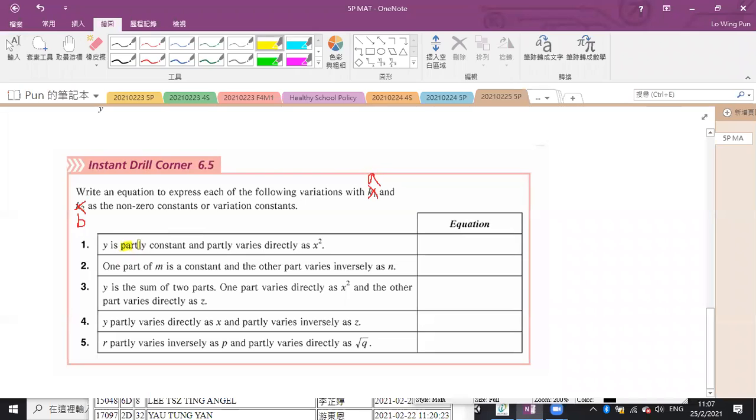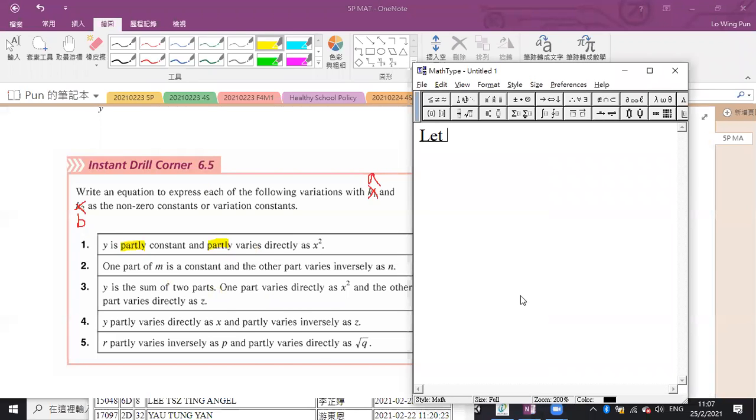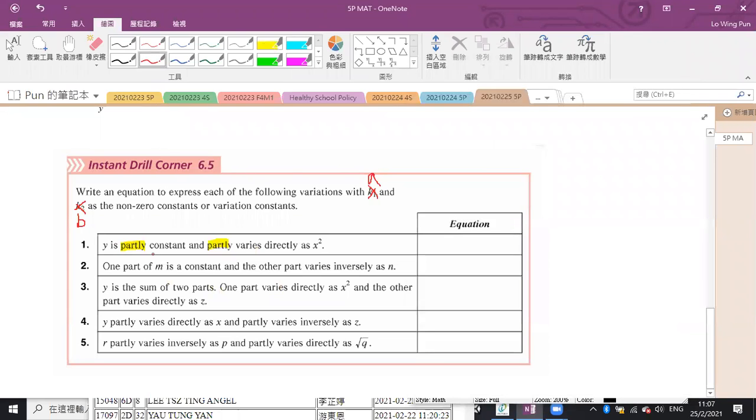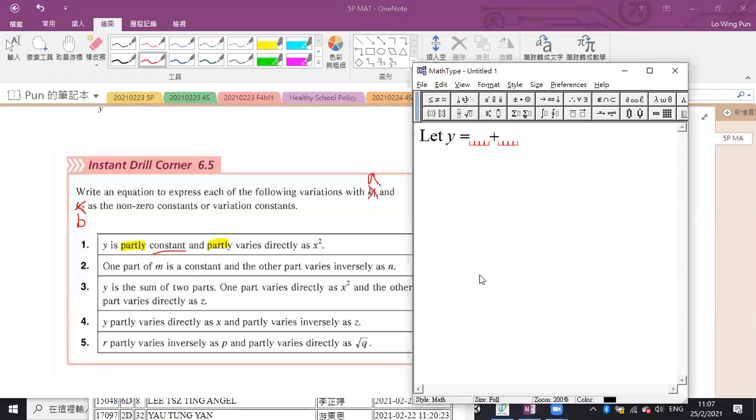directly as x. How many parts are there? One partly, and then two partly. So there are two partlies, right? So there will be two parts. And y is the subject, is equal to the sum of two parts. What is the first part? First part is a constant. Okay, no x, no y, no z here. Okay, no variables here. So we just let a constant a for the first part.